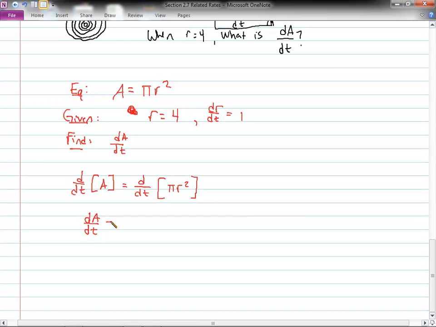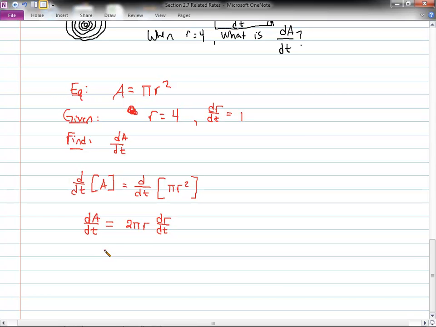Exactly. What do we have on the right-hand side? The pi hangs out because it's a constant. Derivative of r squared is 2r times dr/dt.